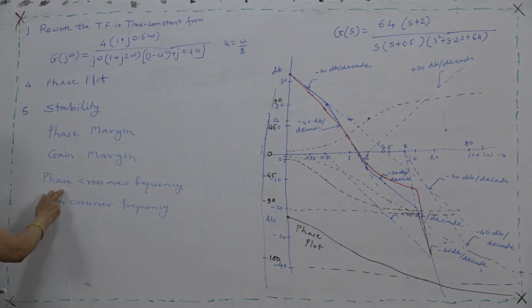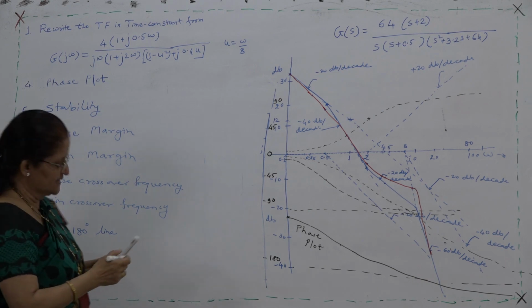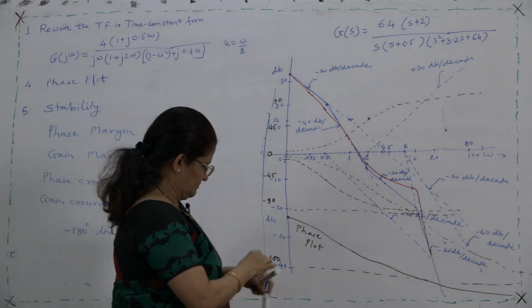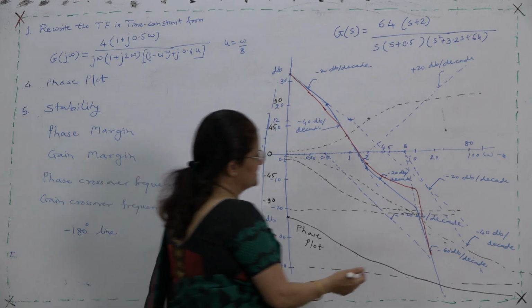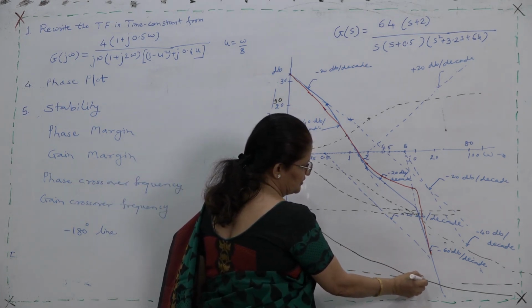So, what is the phase crossover frequency? Phase crossover frequency is the frequency at which the Bode plot crosses the minus 180 degrees line. You will get somewhere here is your phase crossover frequency.